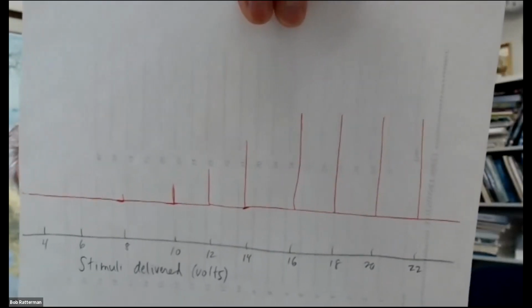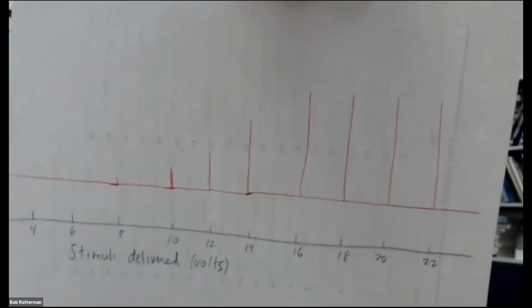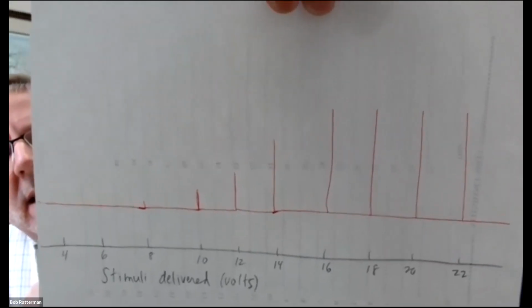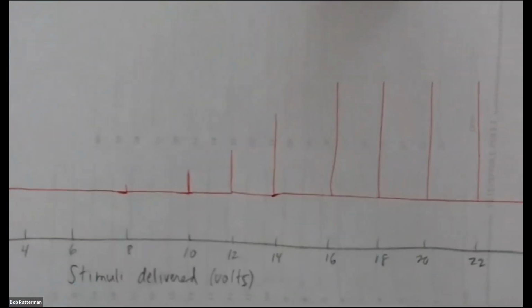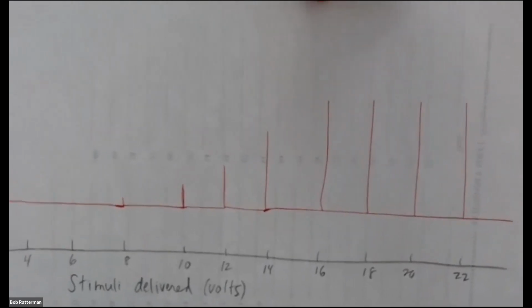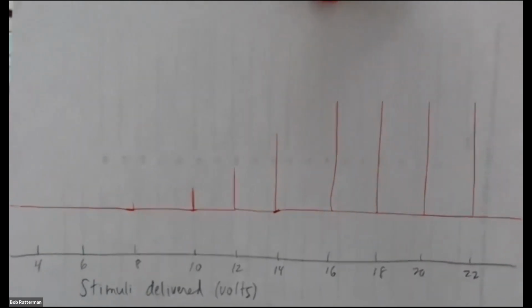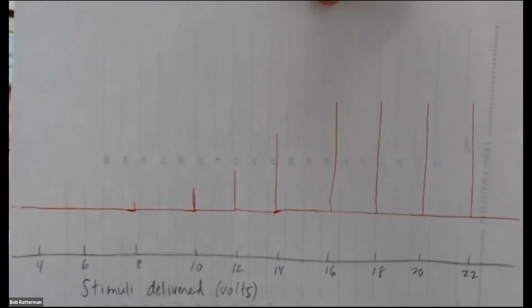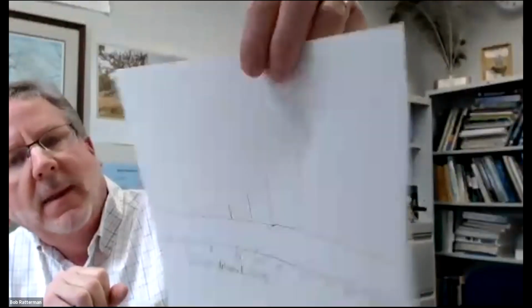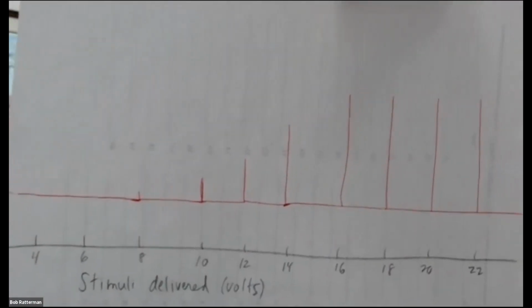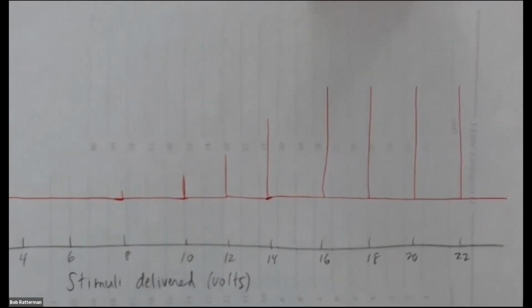Okay, so here's how the muscle responds. So let's talk about what's happening here. At 4 volts, there's no muscle response. At 6 volts, there's no muscle response, right? Why? Because those are both sub-threshold voltages.